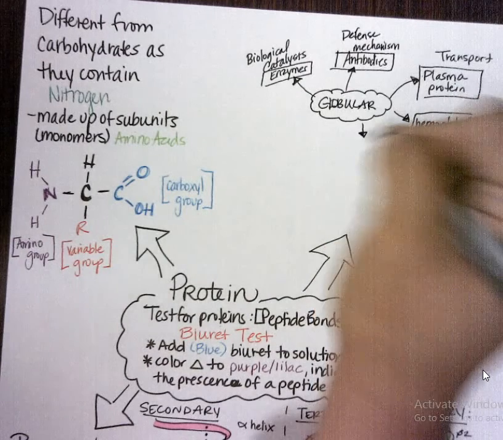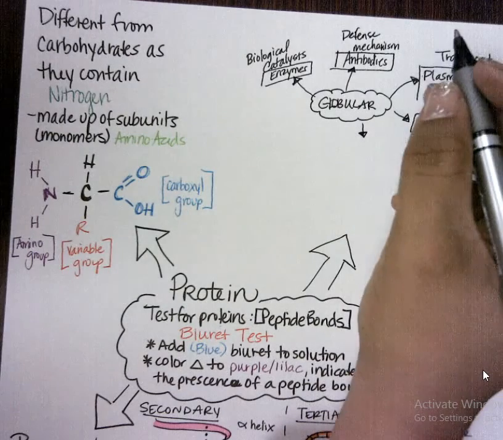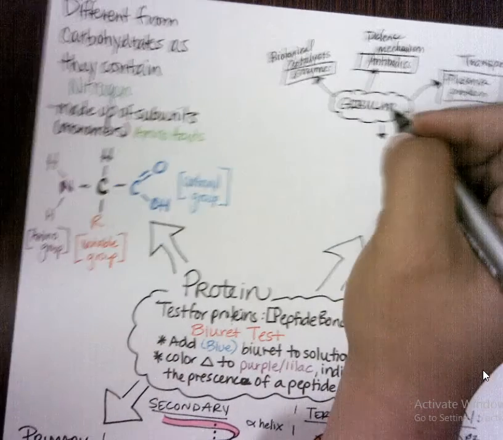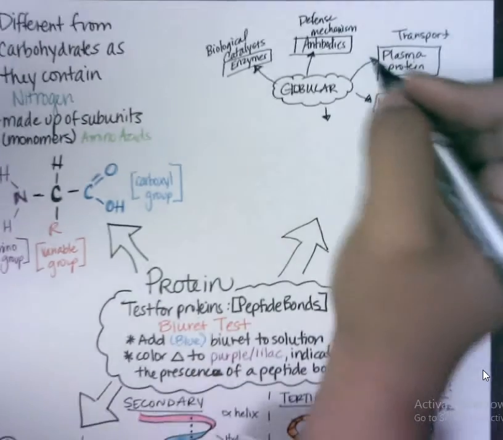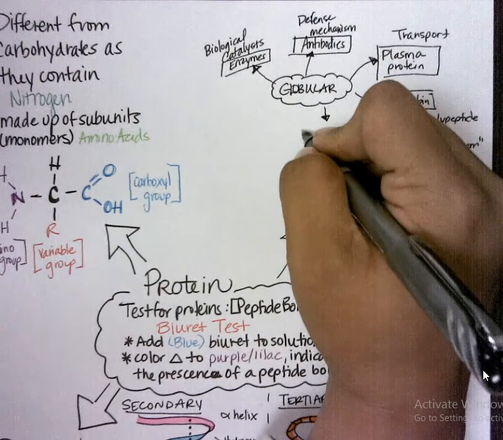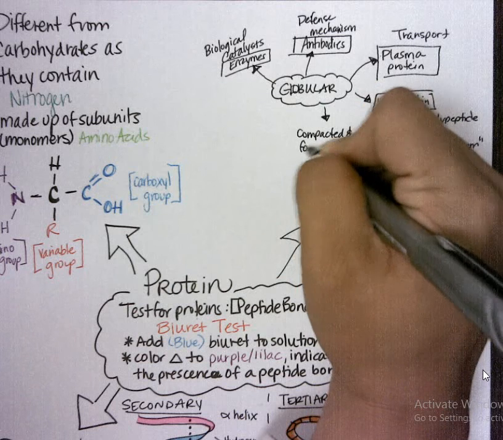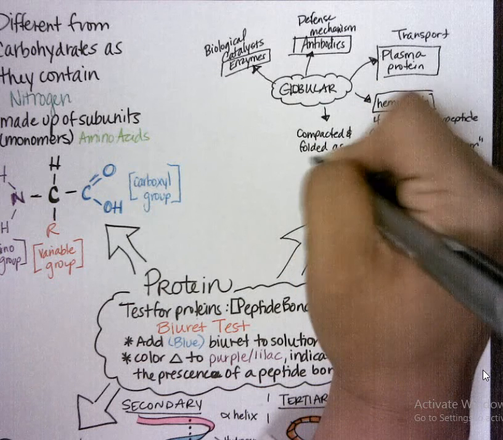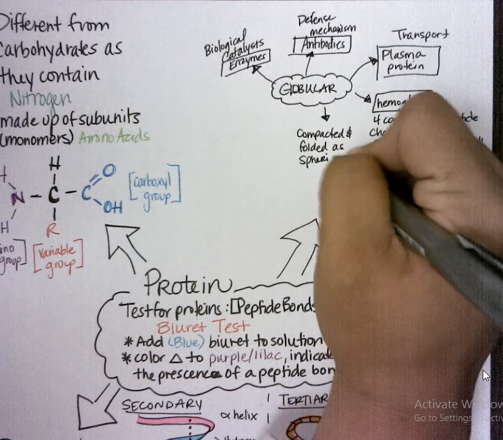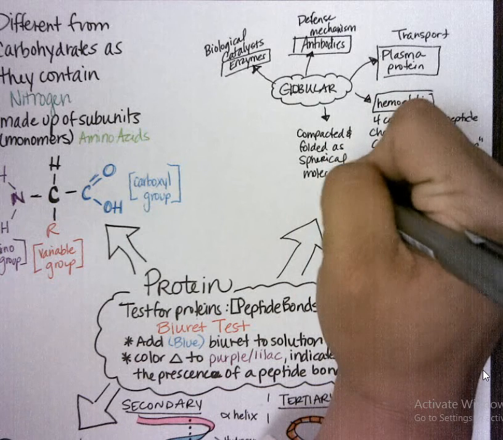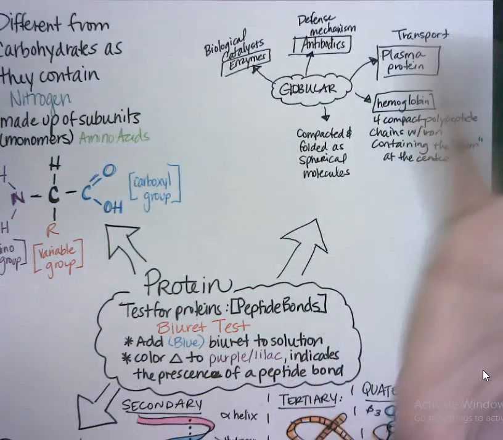Okay, what else can it do? In the globular structure, just in and of itself, it's what we say is compacted and folded as spherical molecules. Okay, so globular, you just think a glob.